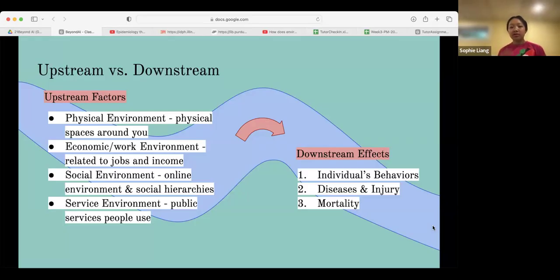And then all this can go downstream to individuals' behaviors, how they act, diseases and injury, how they get hurt, where they get hurt, and then mortality, which is if they die or not.